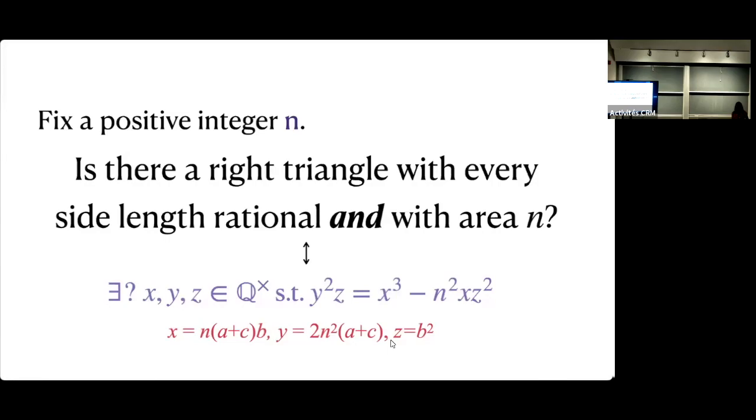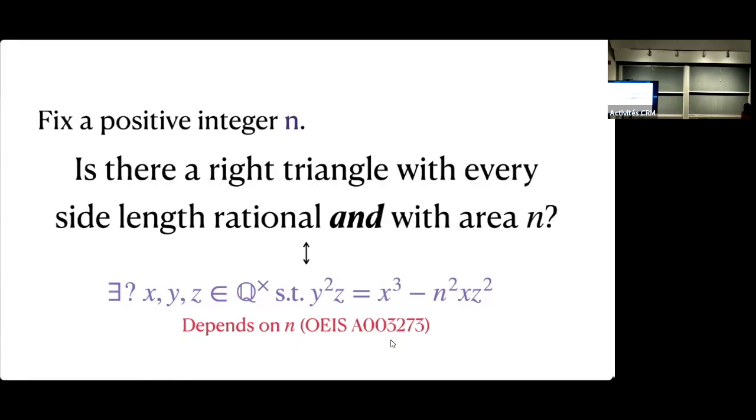So certainly I know there are some where the answer is yes, but not for all of them. So it depends on n. This is called the congruent number problem. And if you want to see which n do satisfy this property, you can check out the Online Encyclopedia of Integer Sequences and see the list of them.